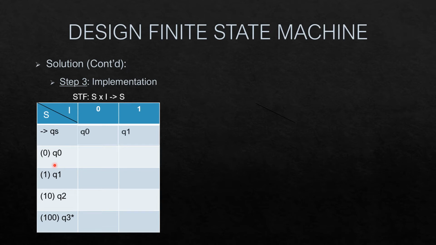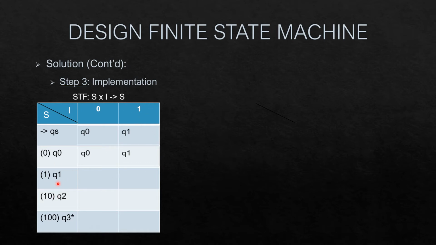But since we do not have any state representing 0 0, we will stay in the same state. If the next input I am receiving is 1, it becomes 0 1. Again there is no state representing 0 1, so I will transit to Q1 state, which is representing 1, as it ends in 1, that is 0 1.